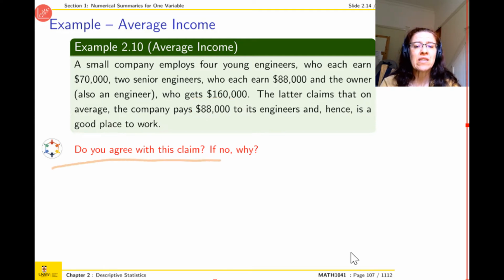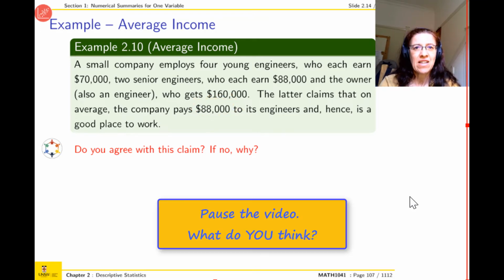Do you agree with this claim? First, you can redo the calculation, and it's true that if you calculate the mean of all those numbers, you will get that. So that part of the claim is correct. That's really the mean in this company.